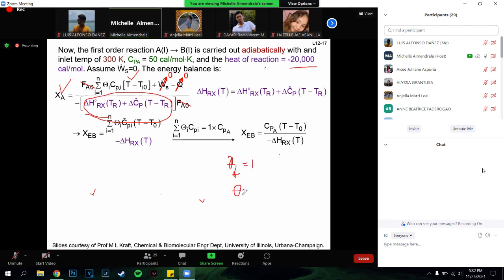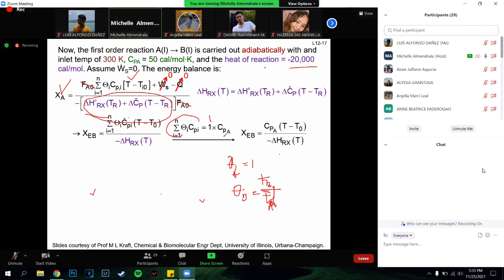So pi B, therefore, is FBO, the initial flow rate of B, over the initial flow rate of A. So that is just your value of pi, the ratio with respect to the flow rate of your limiting reactant A. So in that case, we have this summation: this is 1 for A and CP of A.